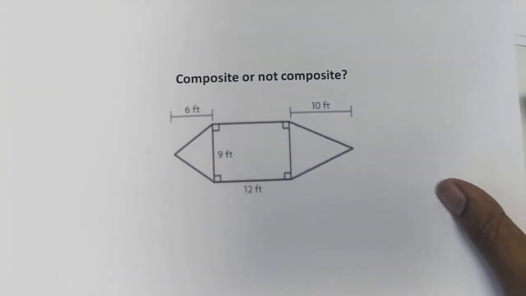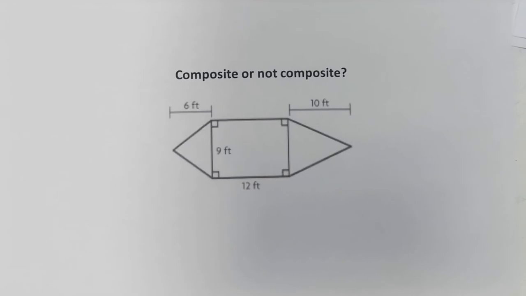So I want to know if this figure is composite or not. Correct. It's composite. Great. What polygons is in this figure? Correct. This figure is composed of triangles and rectangles.